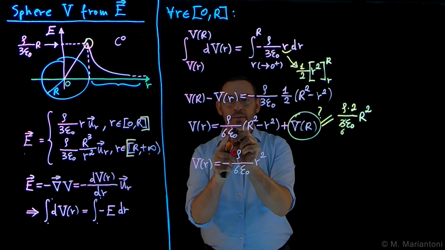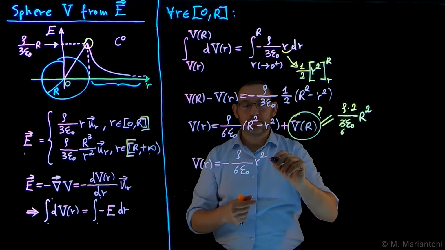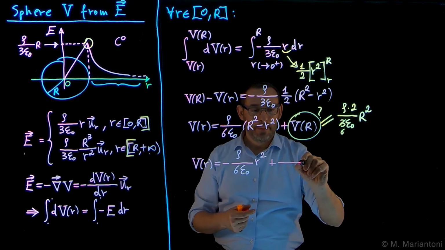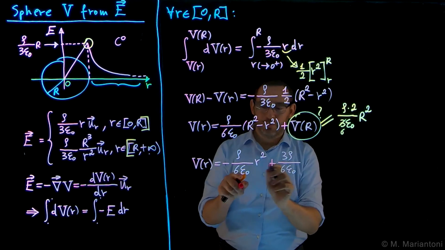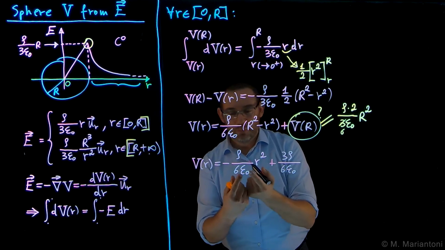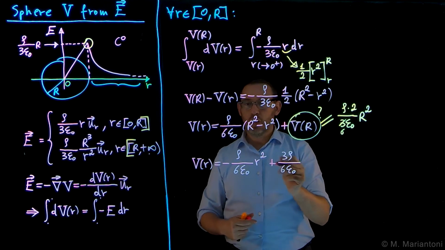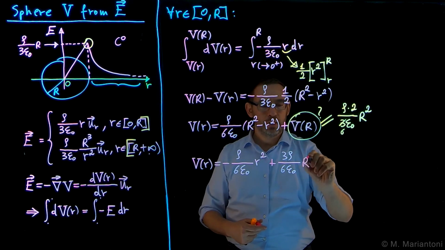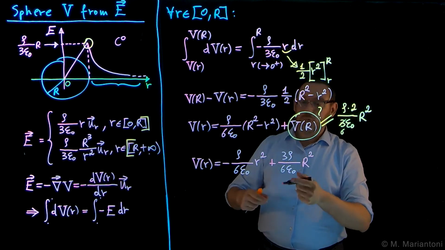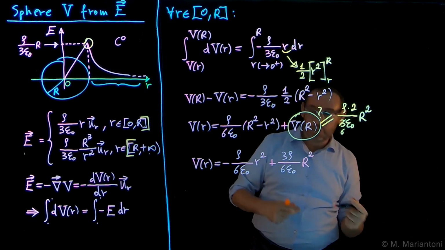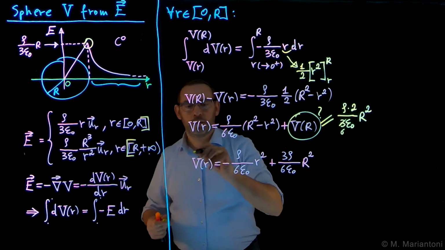Then this 1/6 constant plus 2/6 becomes 3/6, so plus 3 times rho divided by 6 epsilon naught, and I prefer to keep it as such because of the limits we're about to do. 6 and 6 is easier to recompute things later. So 6 epsilon naught times capital R squared. So minus rho over 6 epsilon naught small r squared plus 3 rho over 6 epsilon naught capital R squared. So this is what we obtain in this case, and we can circle this quantity.